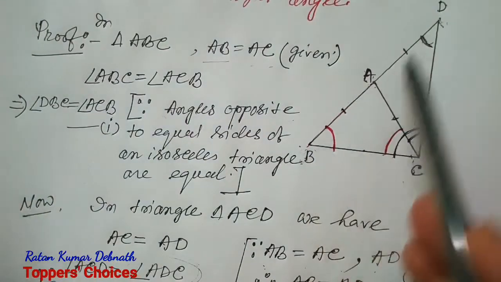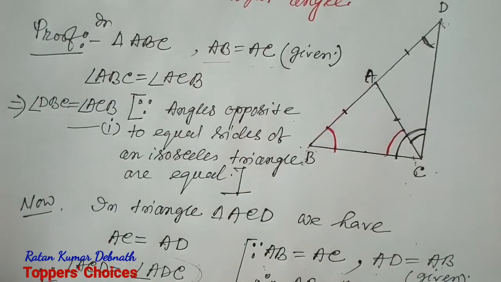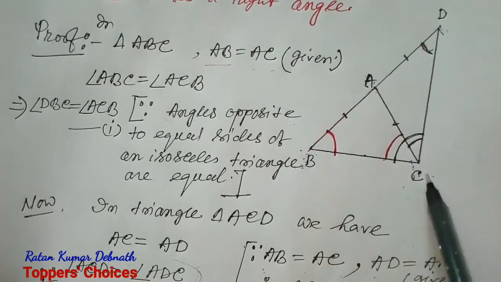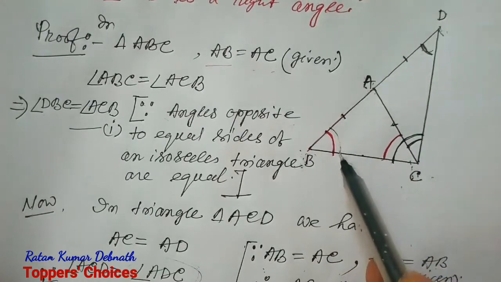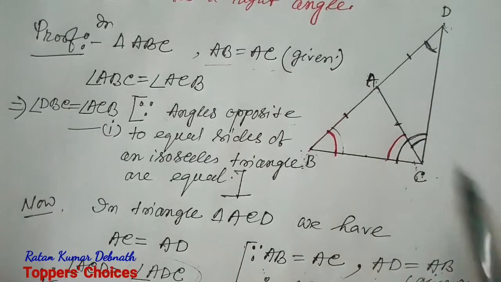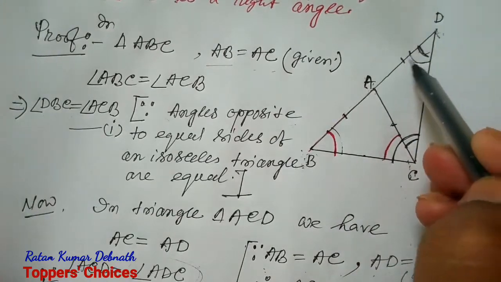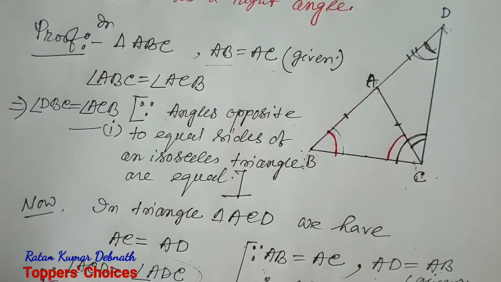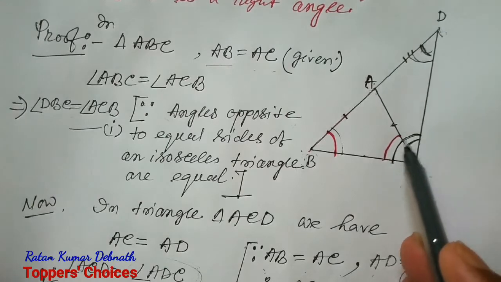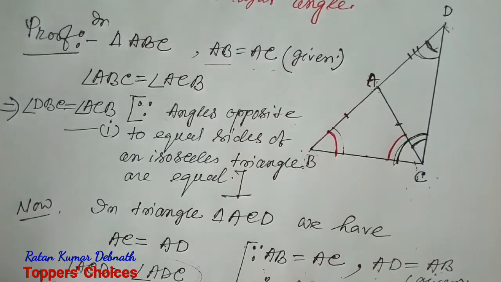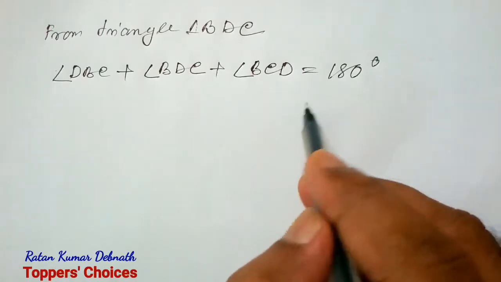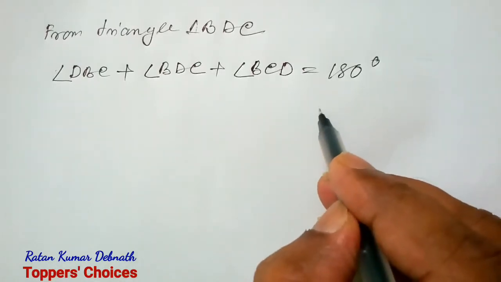From triangle BDC we can write angle DBC, means this angle, plus angle BDC, means this angle, and angle BCD, means this angle, equals 180 degrees. This is nothing but the angle sum property.